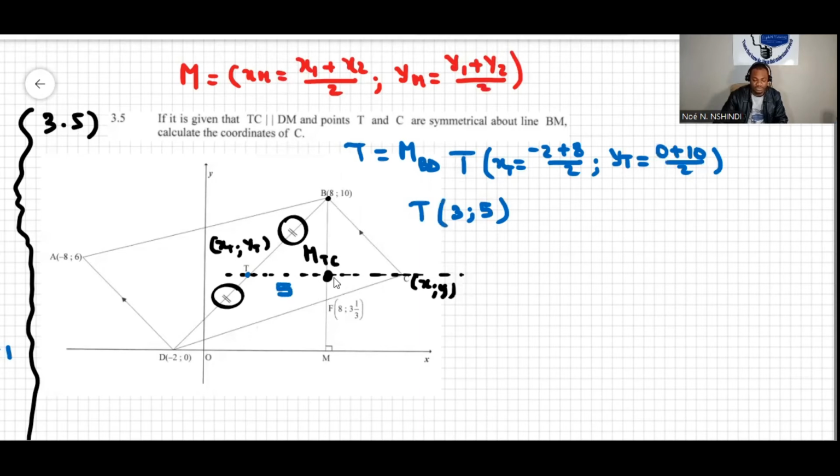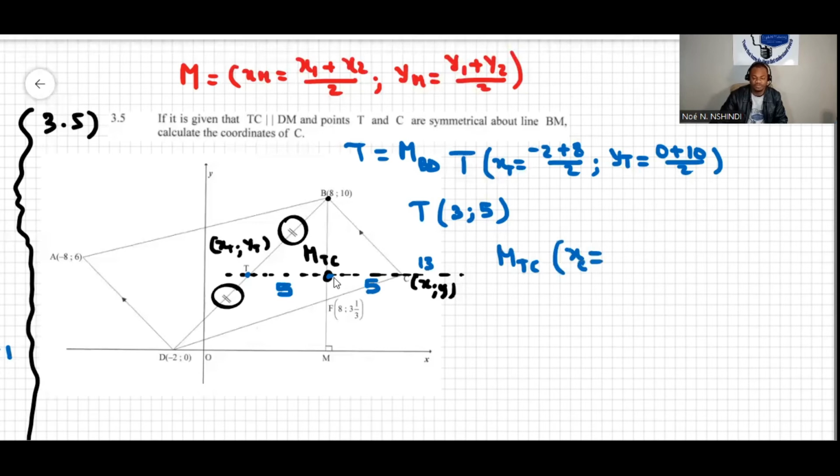Because it's the midpoint, we're going to add another 5 units from the midpoint of TC to the x coordinate of C. So 8 plus 5 is 13. We can still calculate that using the midpoint formula.